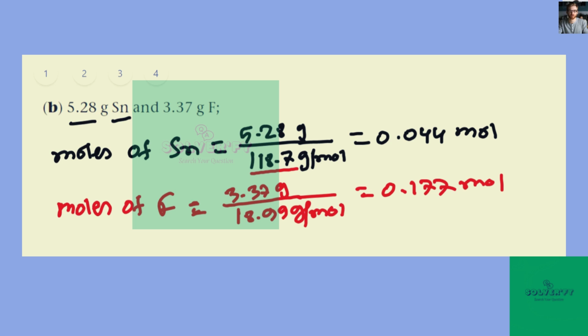Now we have the number of moles of both the elements present in the compound. Now again we have to divide these numbers of moles by the smallest value. From here you can see that the smallest value is 0.044. So we will divide these two numbers of moles by 0.044 to find out the ratio of tin and fluorine in this compound.